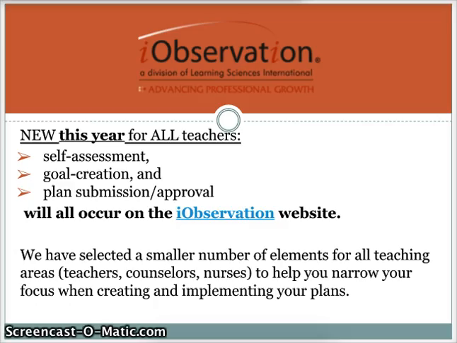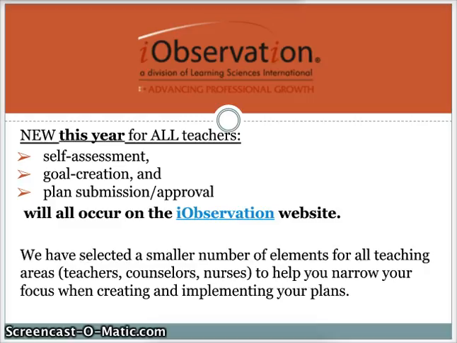As in the past, all teachers will start their growth plan by completing a self-assessment, writing 3 to 5 goals, and submitting their plan to their designated evaluator for approval. New this year is that all teaching areas are now housed in the online iObservation tool.